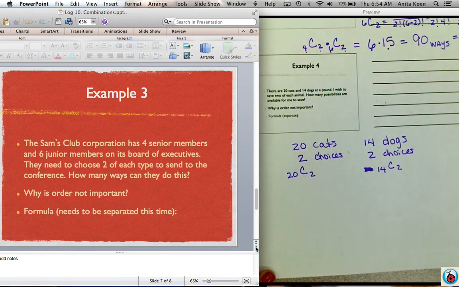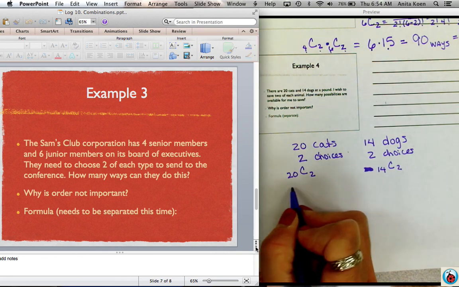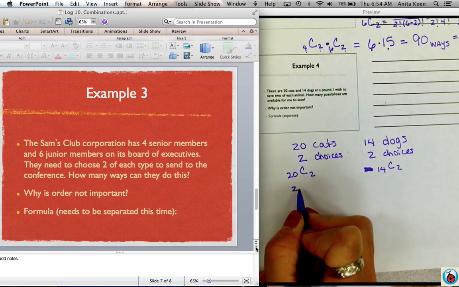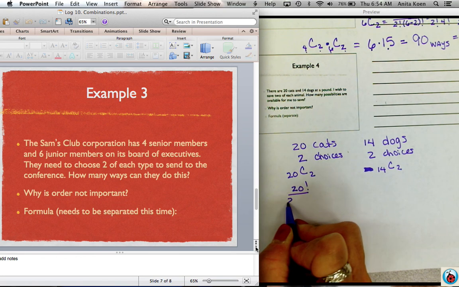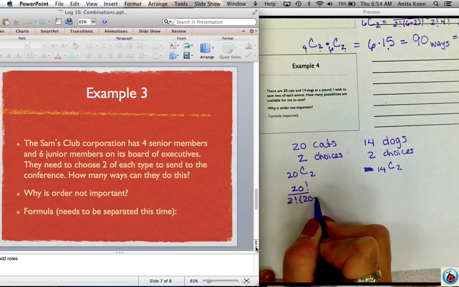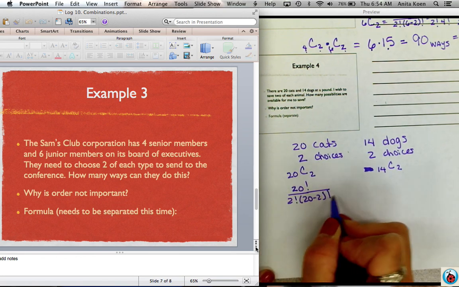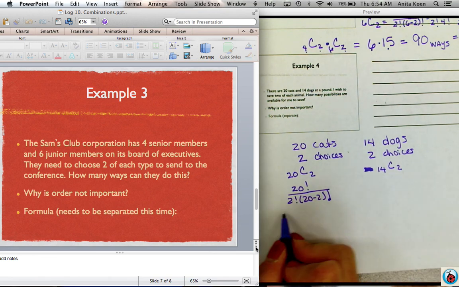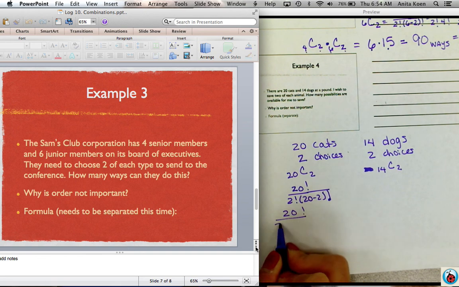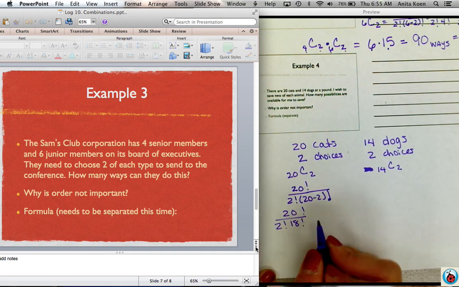Now, why did I use combinations? Because order is not important. If I save the black cat and the tabby cat, it's the same as if I save the tabby cat and the black cat. So 20 choose 2 is going to be 20 factorial over 2 factorial times 20 minus 2 factorial. That's going to give me 20 factorial over 2 factorial, 20 minus 2 is 18 factorial.